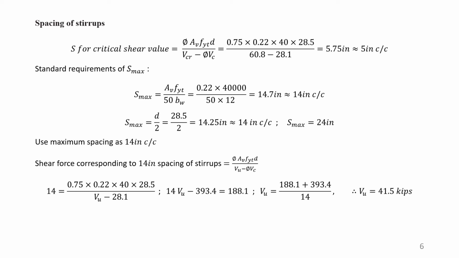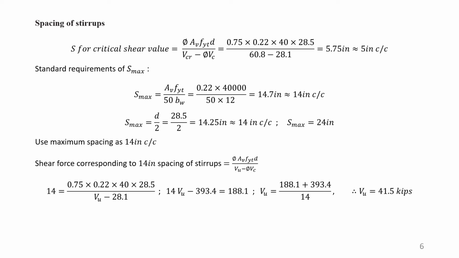The equation is 0.5 into Ab Fyt d divided by V critical minus 5 V shear. And here we have to put 0.75 as phi, Ab is 0.22, Fyt is 40, and depth is 28.5.